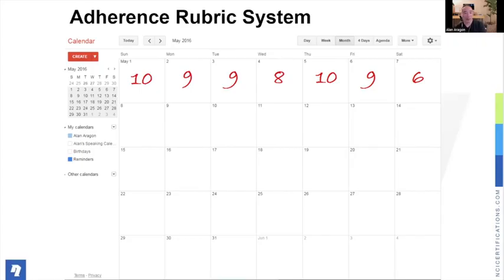With the calendar, I would have them write each day, give themselves a compliance rating from 1 to 10. And that was the first incarnation of this system. And then it evolved into a system where I wanted that number to be more objective. And so that's where the 10-point rubric came in.